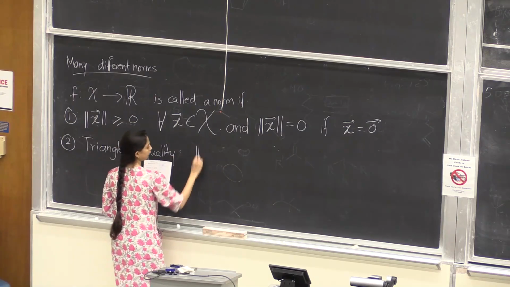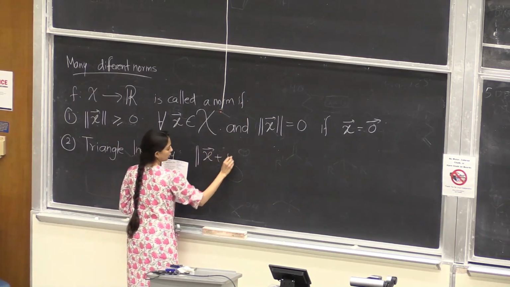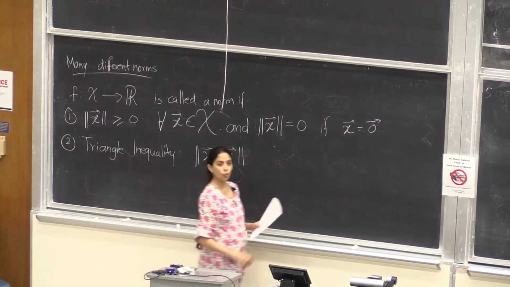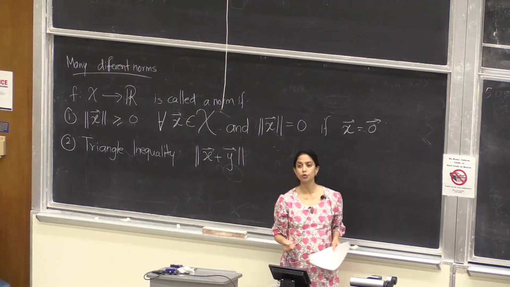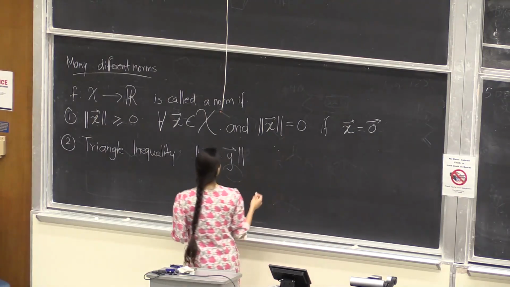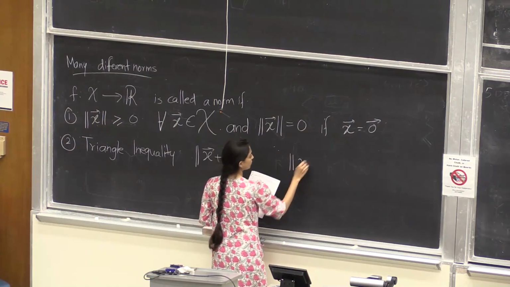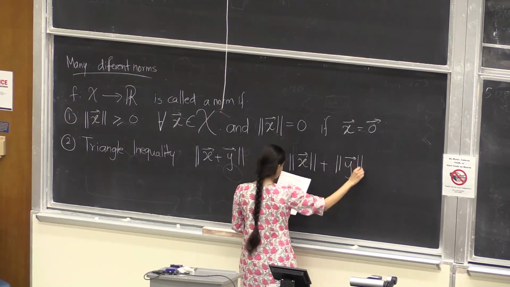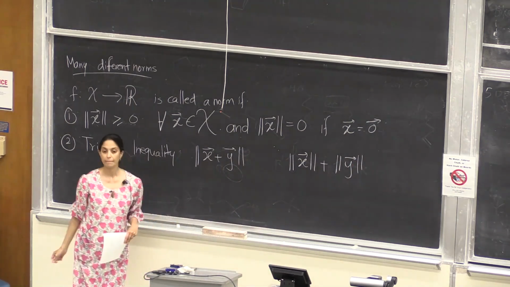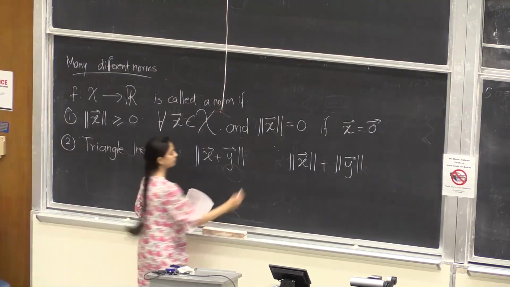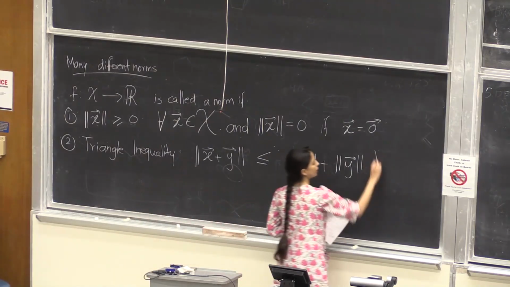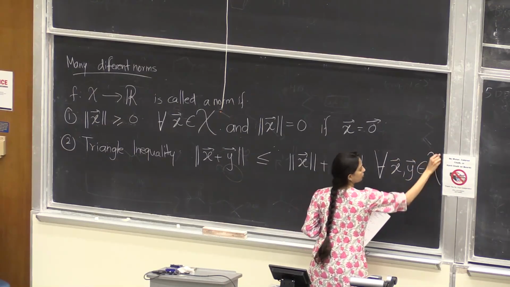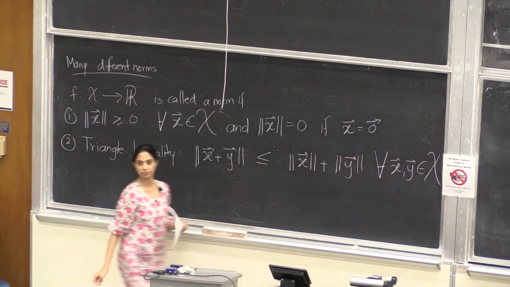In particular, if I have a vector x plus a vector y, and I take the norm of this, what does the triangle inequality that you've learned for the 2 norm tell you? What should be the relationship between this and norm x plus norm y? It should be shorter, right? And this should be true for every x and y belonging to your vector space.